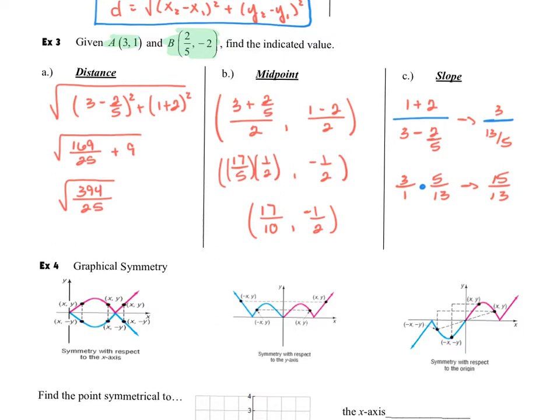I just needed to be consistent. So I've set this up as 3 minus 2/5, and then 1 minus negative 2, and I jumped straight to the plus. Now, the catch here is that I'm going to need to get some common denominators. You might be able to do this in your head, in which case, great. Otherwise, we're going to put this over 1, and then we're going to mentally or even physically write out that 5 over 5.